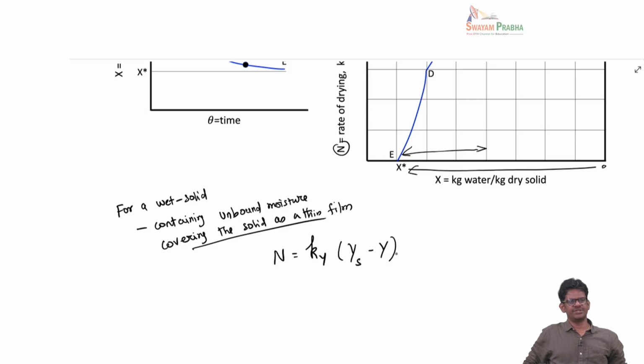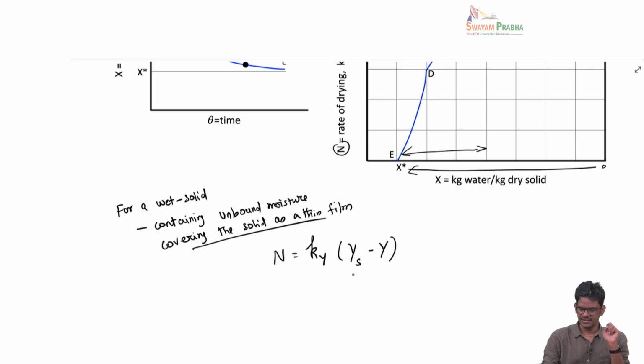This mass transfer coefficient will depend on the drying condition: the rate at which the gas is flowing, the drying temperature, the nature of the gas, etc. It's something you can get from correlations based on the flow conditions.